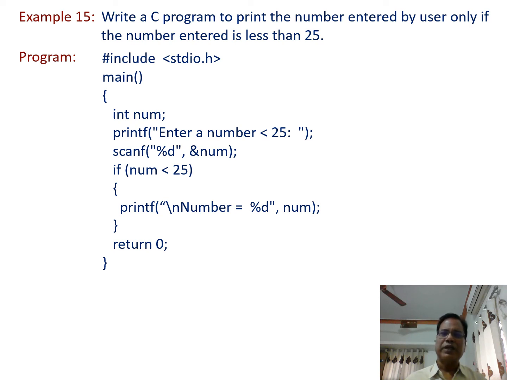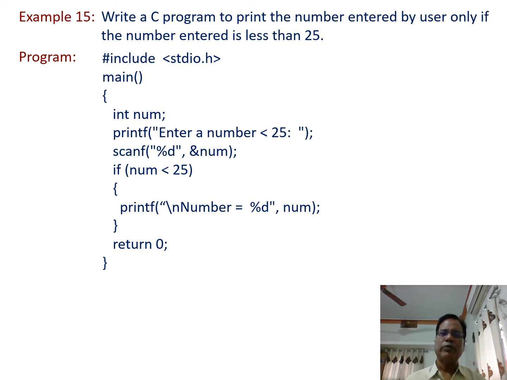That number is taken in and stored in the variable num by the scanf function. The condition in the if statement is that if num is less than 25, then this condition becomes true. So we get the output "number equal to" and then the number that is printed on the output screen.